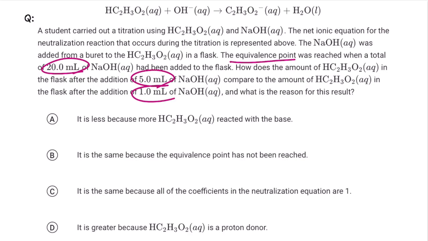And if I compare it to the amount of the HC2H3O2 in the flask after the addition of 1.0 milliliters of sodium hydroxide, then of course the amount of the HC2H3O2 left in the flask with 5 milliliters of sodium hydroxide is less, because it reacts with a base, sodium hydroxide.